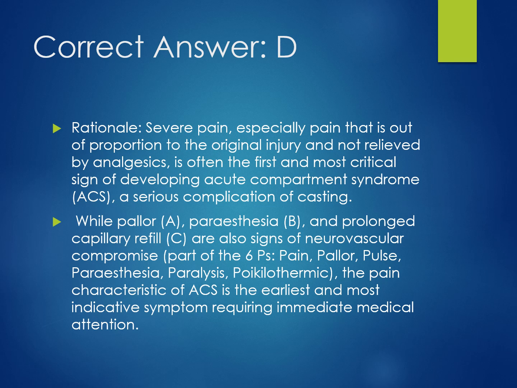Pain that is not proportionate to the usual pain of the casted limb and is not relieved by analgesia, or an increased need of analgesia to relieve that kind of pain, is the first sign of compartment syndrome. So comparing it to the rest of the options, pain stands as the main answer. Meanwhile, the rest of the points are correct, but they are not the earliest sign, they are the late signs.